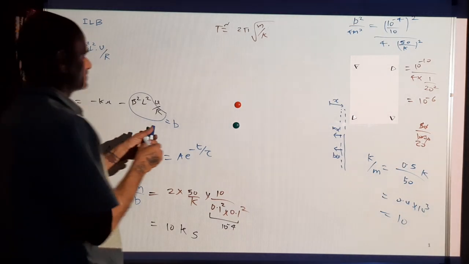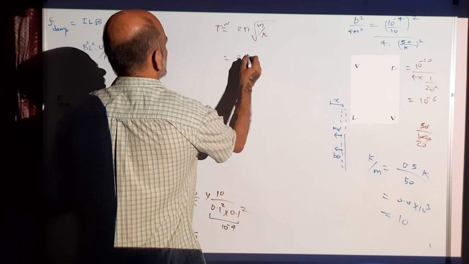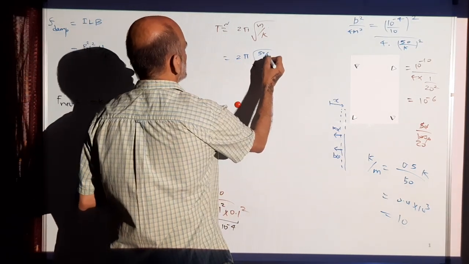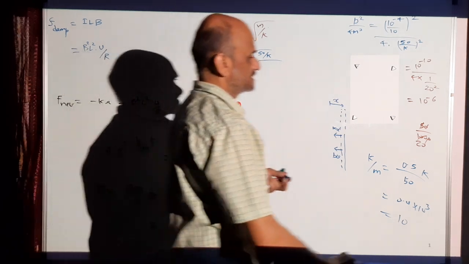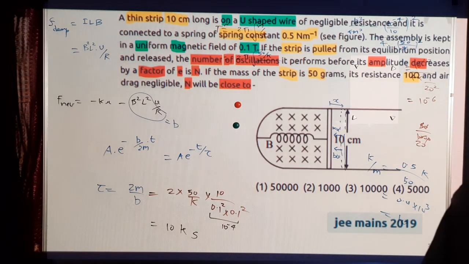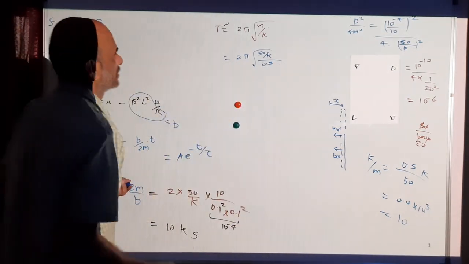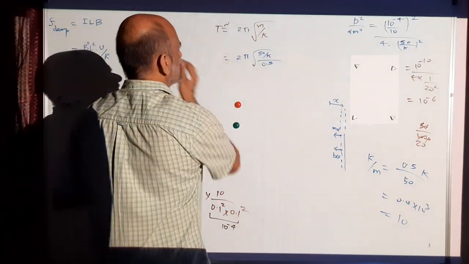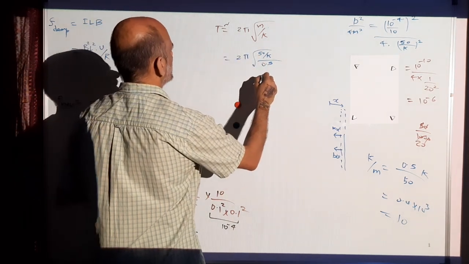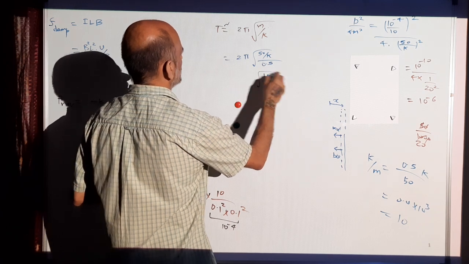So the time period of the SHM oscillation: m is 50 grams, so 50 by k, and spring constant is 0.5 SI units. So 5 and 5 will go 10 times, so it becomes 100 by 1000. K is 1000.